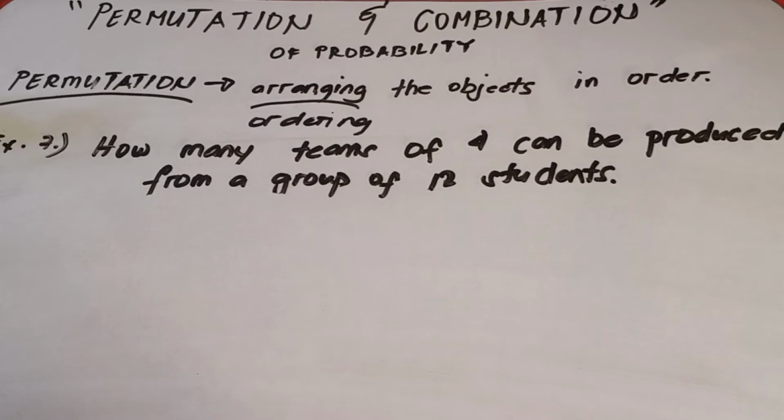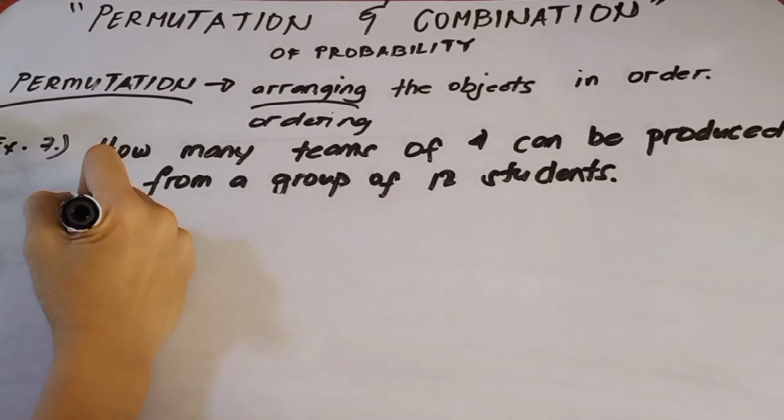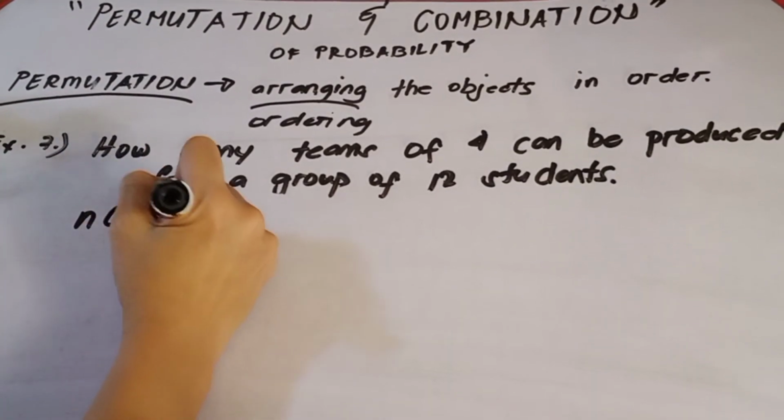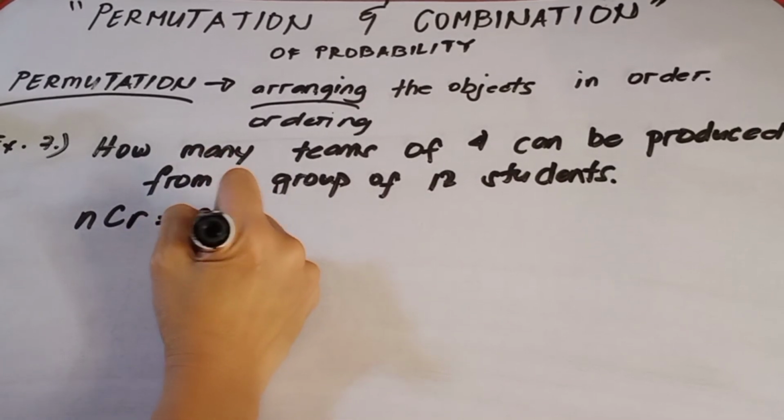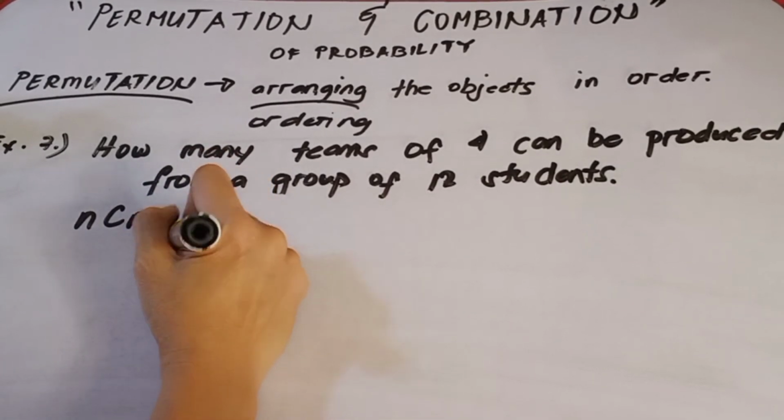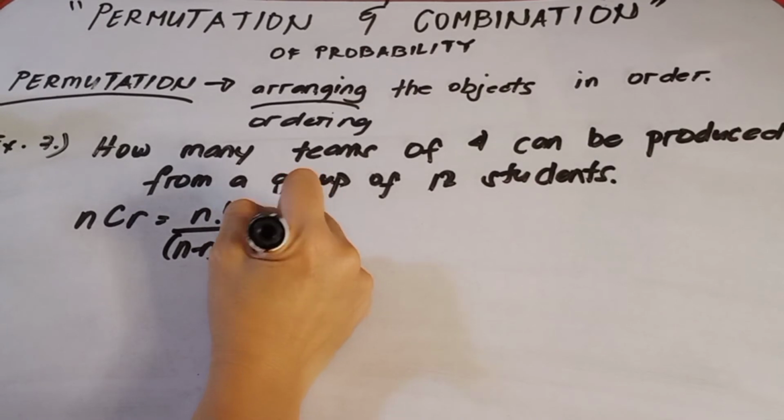So, with this, ang gagamitin nating formula is the formula for the combination. So, our formula for the combination is simply n factorial over n minus r factorial times r factorial.